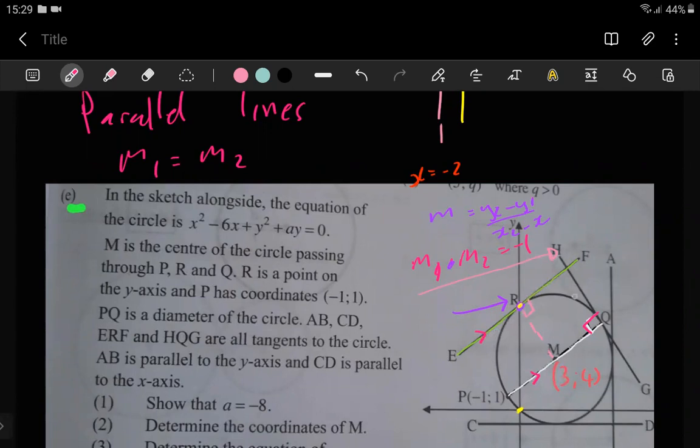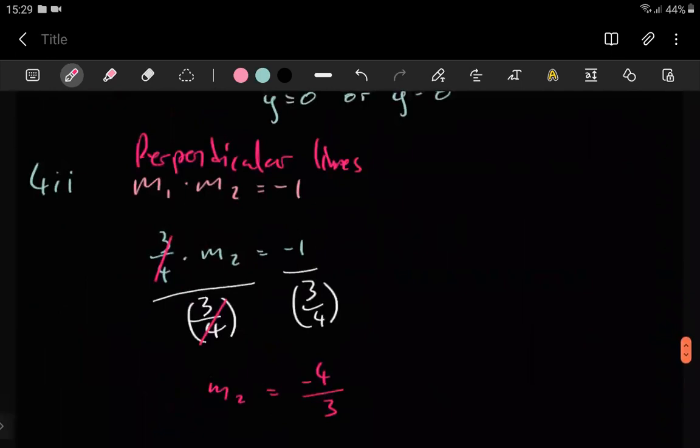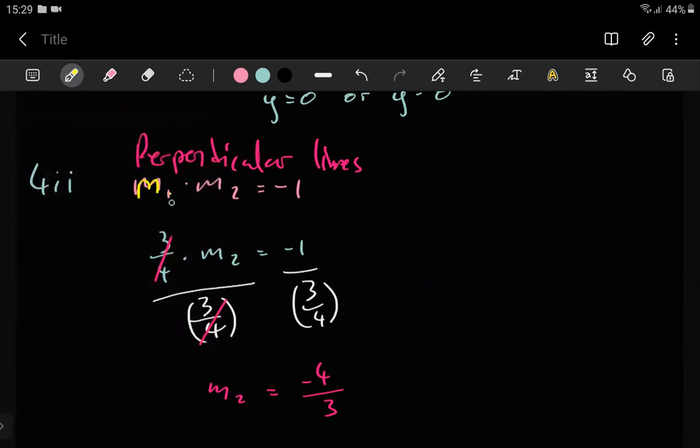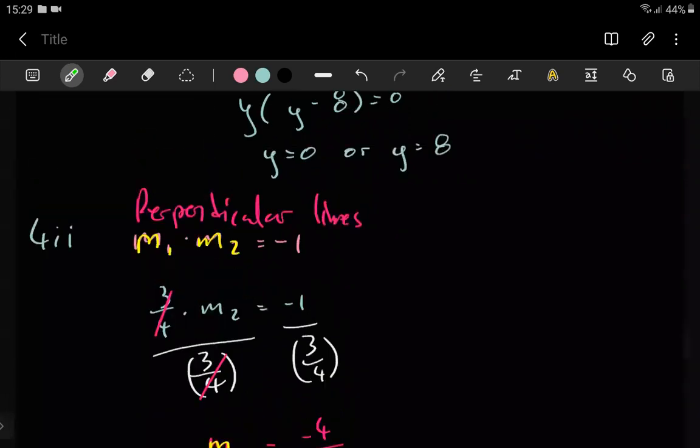For this question, HQG, we can get it by using this gradient because they're perpendicular. As long as they're perpendicular, we can use this gradient formula. We put in the first gradient, and then that formula will give us the second gradient. You see? Perfect.